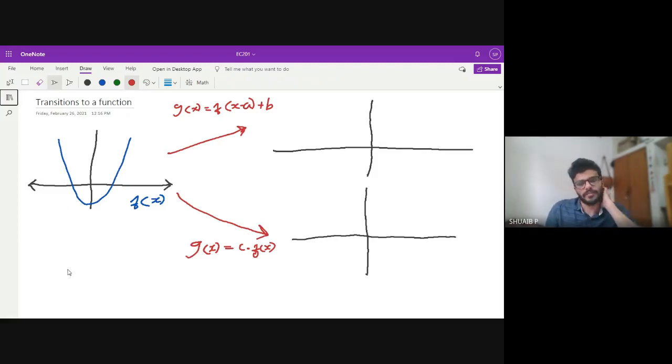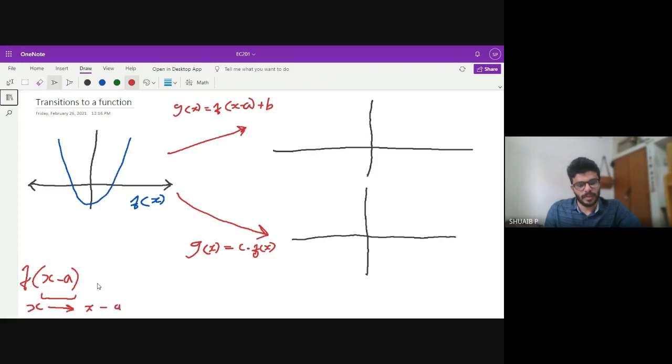Think of f of x minus a as a function where x first maps to x minus a.